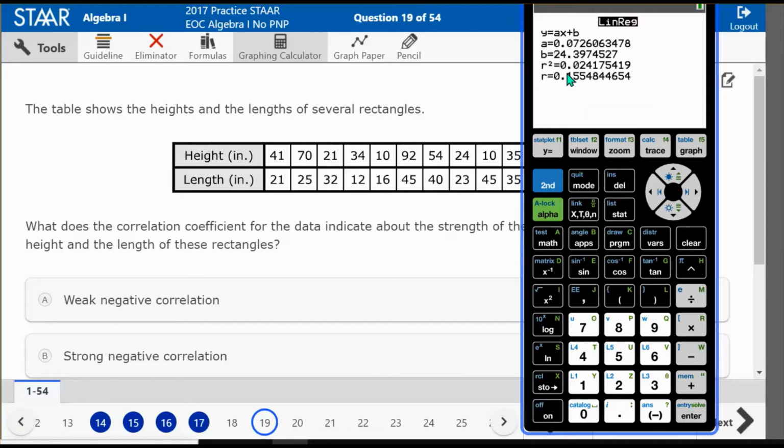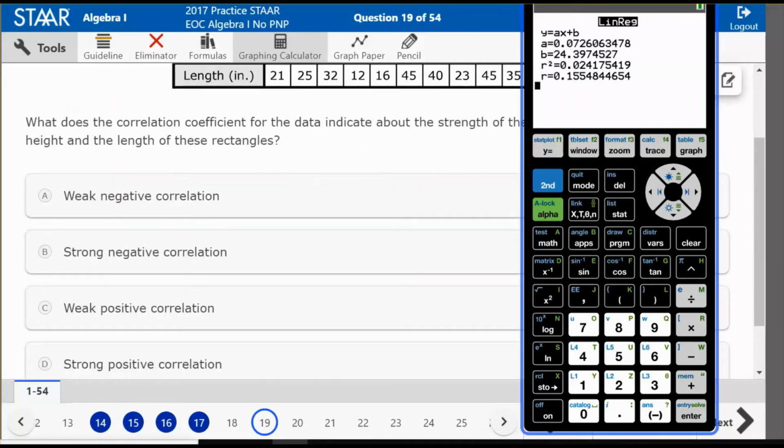As we can see in the diagnostics, it says 0.0241 and so on, so we know it's about 0.02.